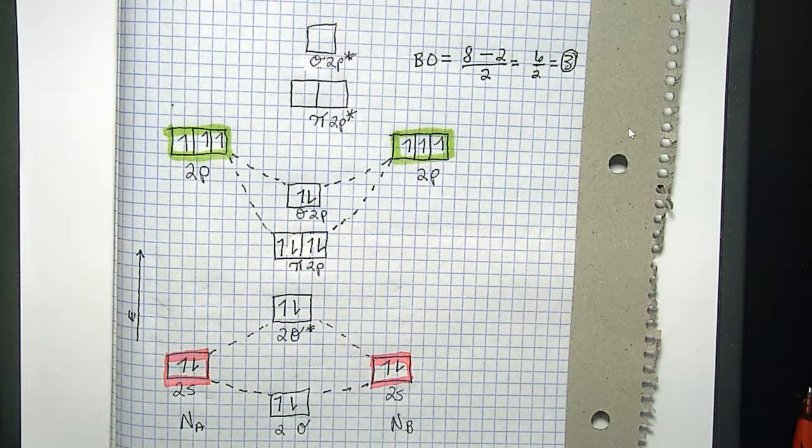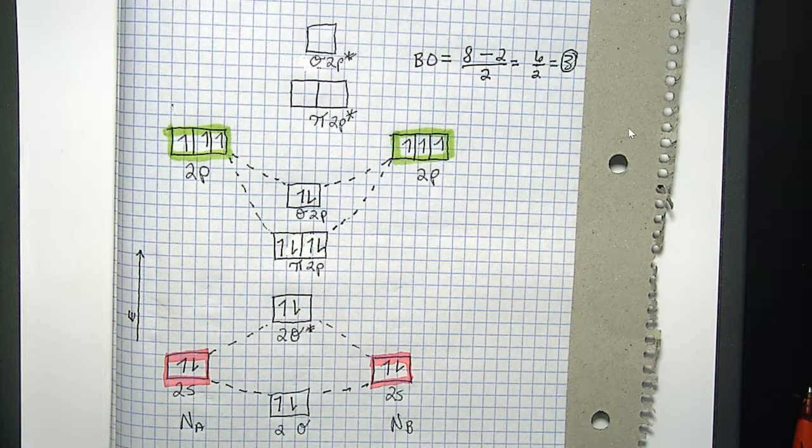How many bonds will be present between those 2 nitrogens based on bond order? Well, we said with hydrogen, a bond order of 1 means that there's 1 single bond. What does a bond order of 2 mean? A double bond.